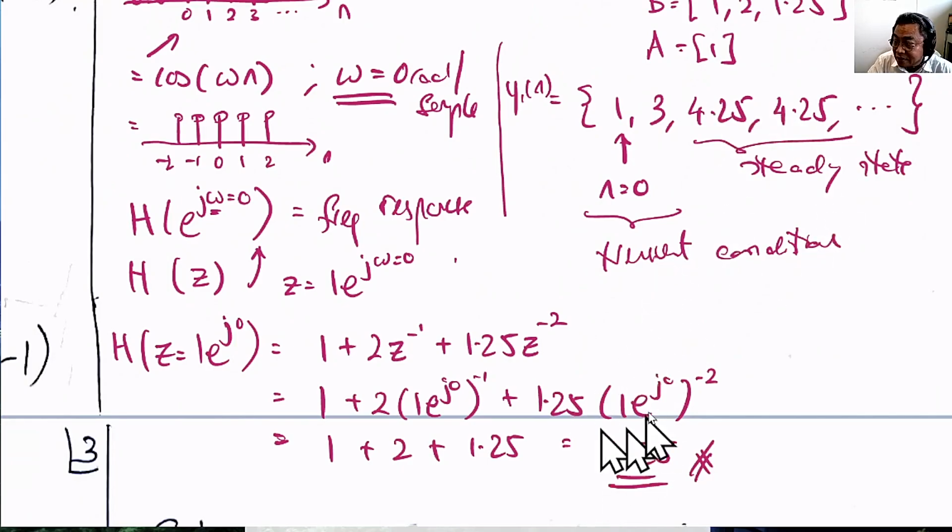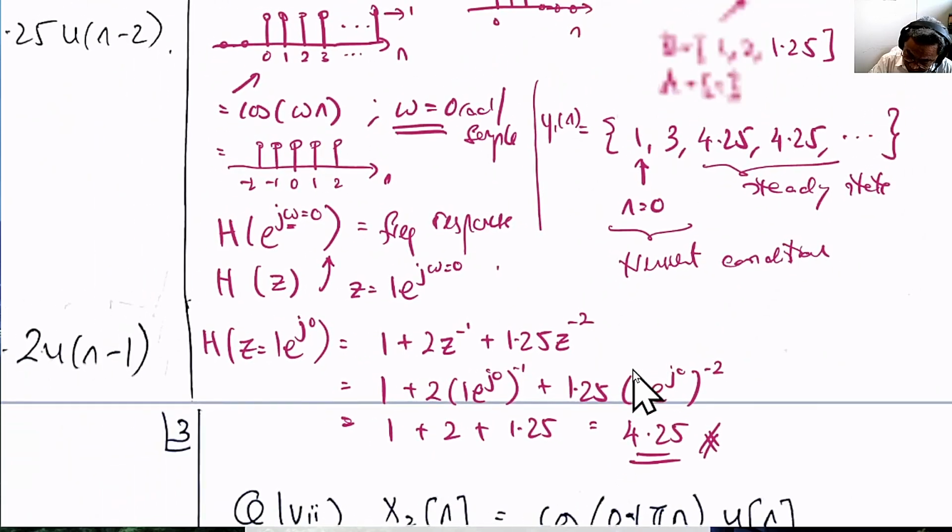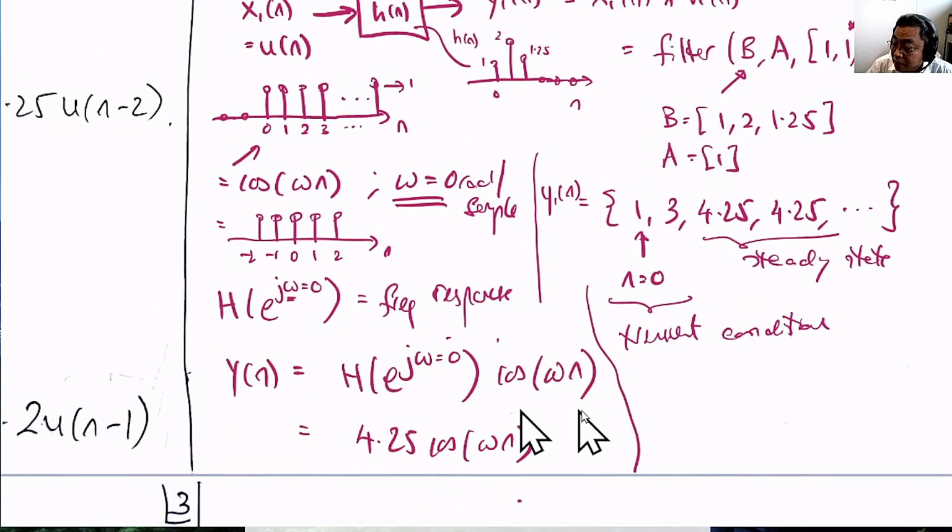In fact, it is. So what the frequency response does is, to get the output, you substitute H(e^jω) at the particular frequency that you want. In this case, omega equals 0 as a cosine, and then you expand H(e^jω) to get the magnitude and the phase.